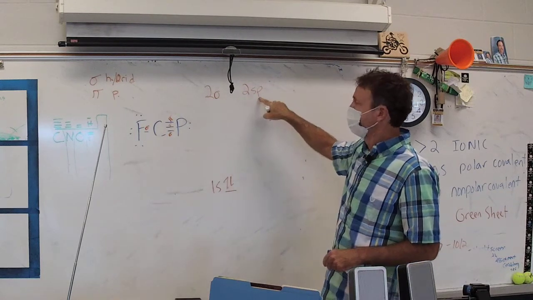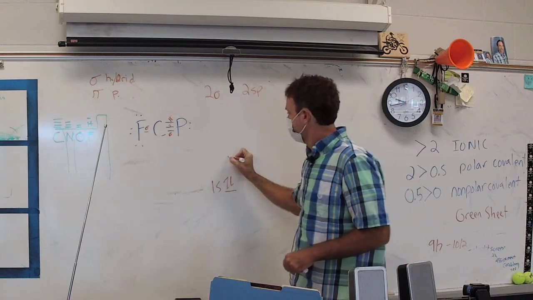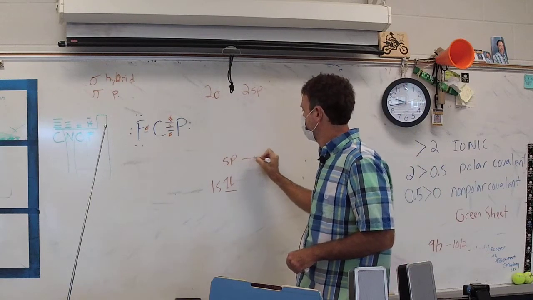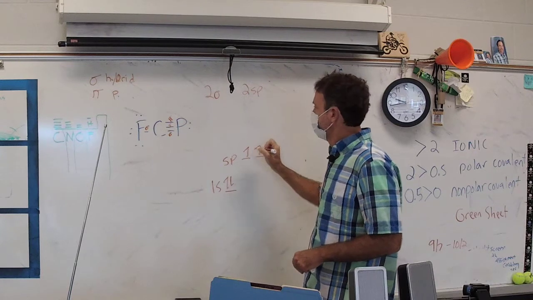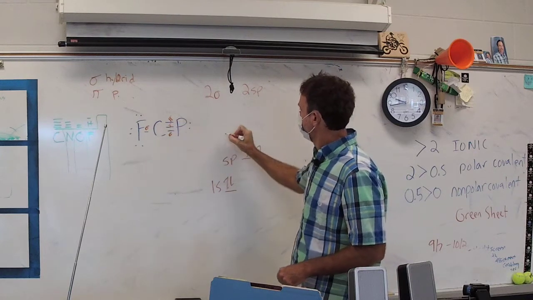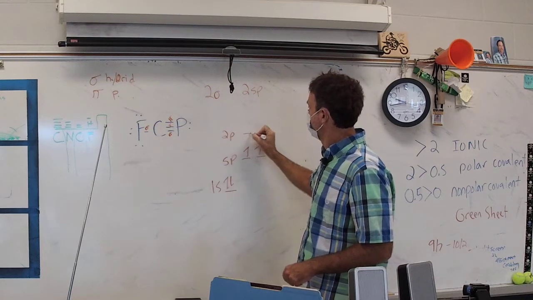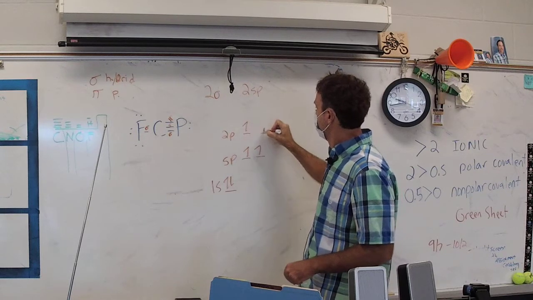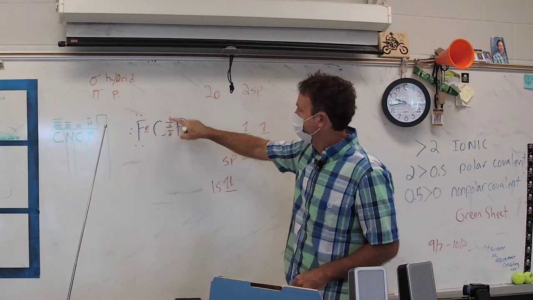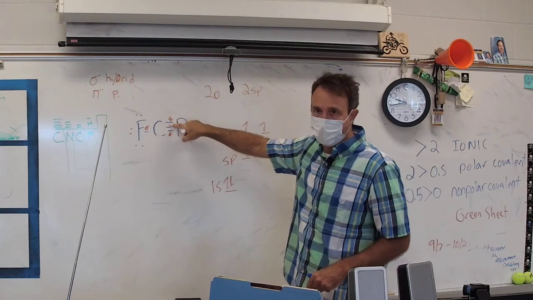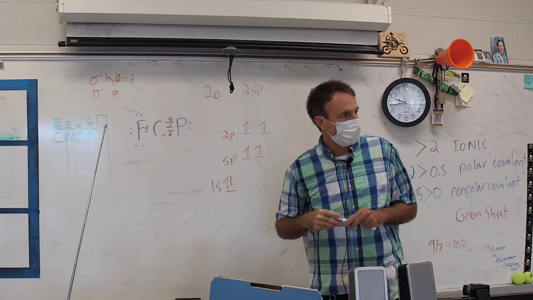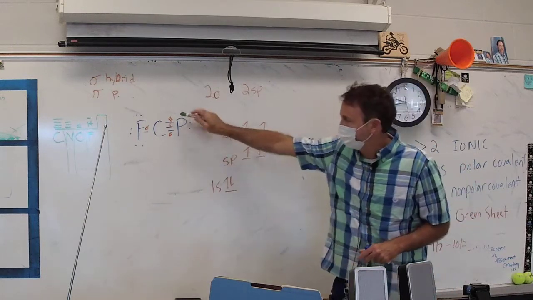Then 2 sp orbitals, with 2 dashes. And there are 2 pi's, so there are 2 left over in the 2p. The pi orbitals are just leftover p orbitals that haven't been affected.